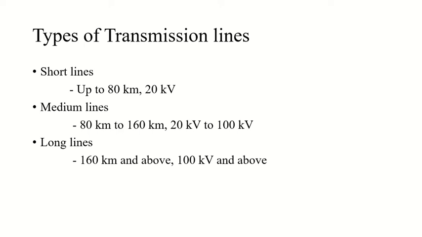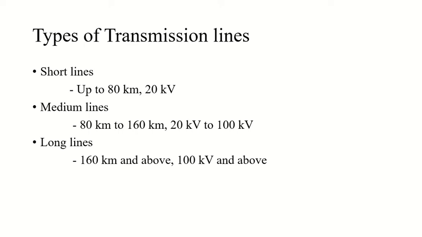Over this line, as it has a capacitance effect, the shunt capacitance can be assumed to be lumped in the middle of the line. Or, if you don't want to lump it in the middle, we can also consider half of the shunt capacitance at each end of the line, right?